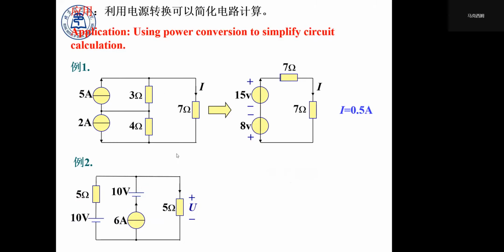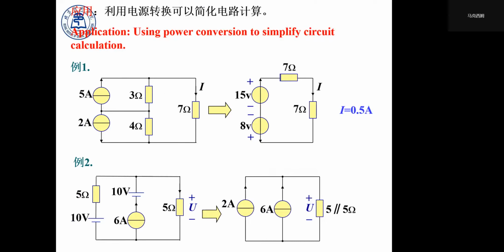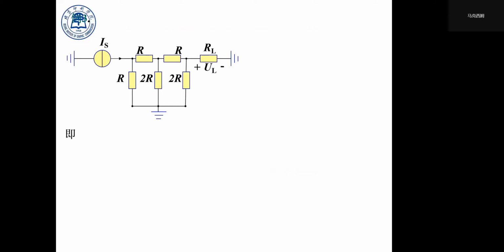The second one, we change the voltage source into a current source in order to have a simple solution for the question. So let's see another example.